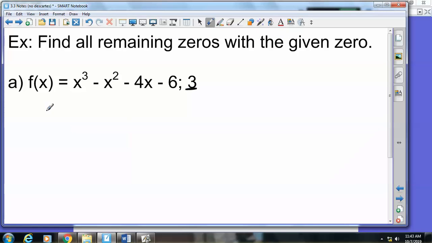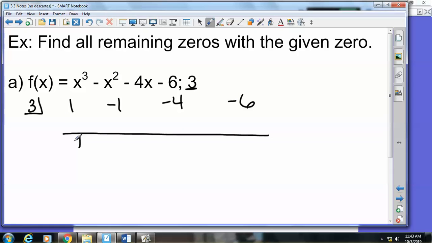So this 3 is a 0, so you start with your synthetic. So that goes to x squared plus 2x plus 2.